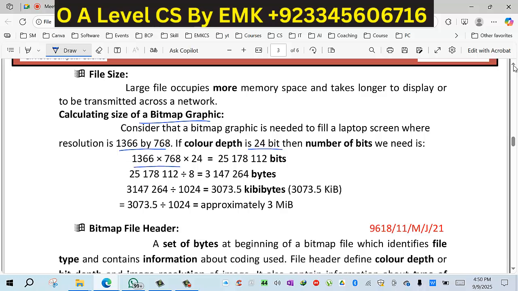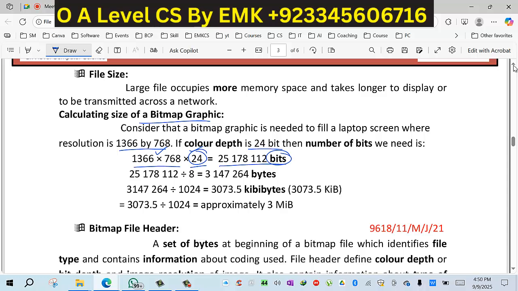So this is image resolution and this is bit depth. To calculate the file size, you need to multiply the image resolution with the color depth or bit depth. Here you will see we have 24 bits. When you multiply it, you will get the answer in bits.